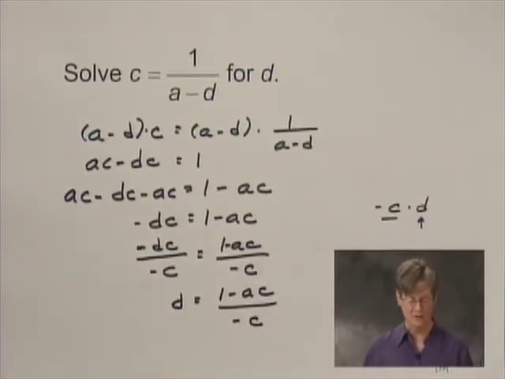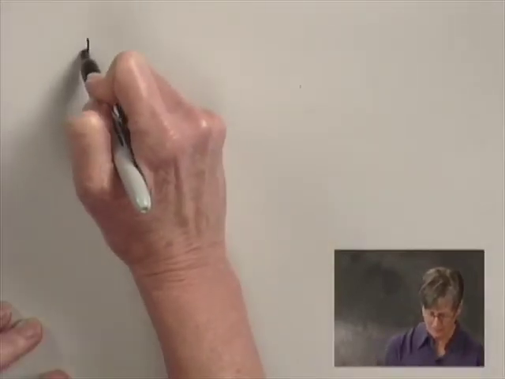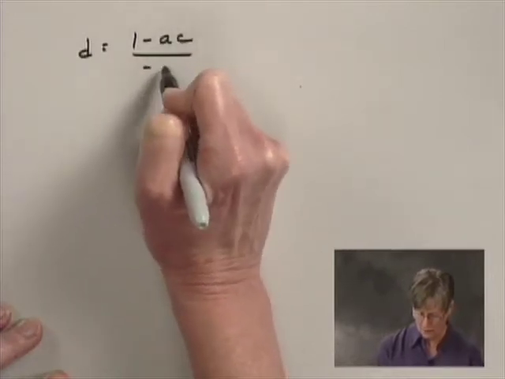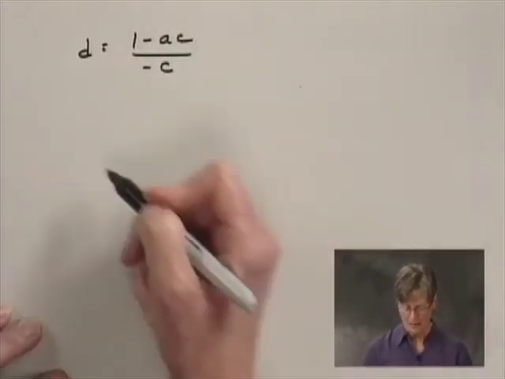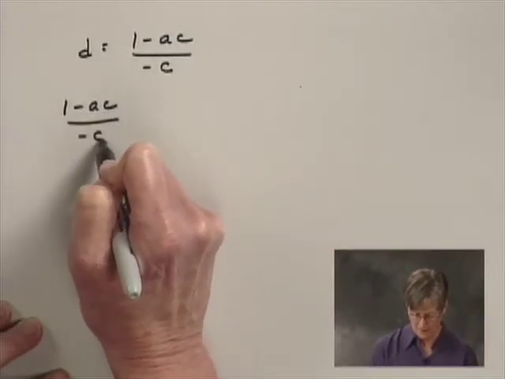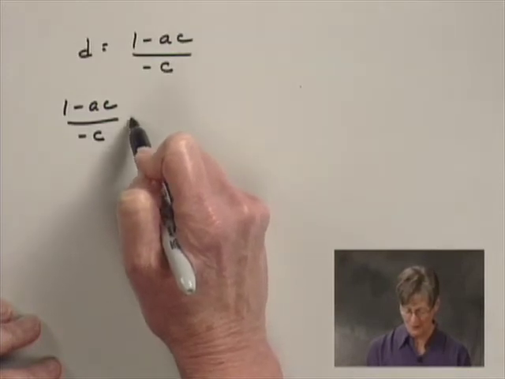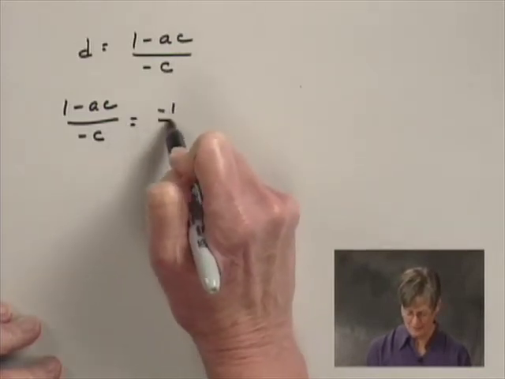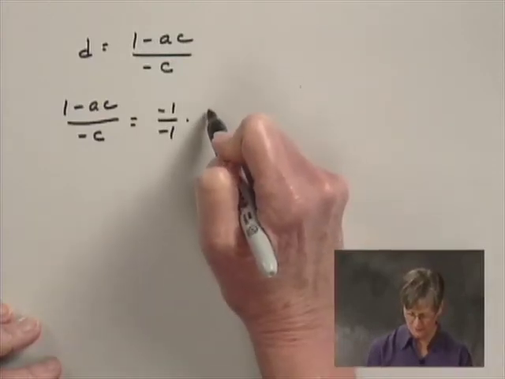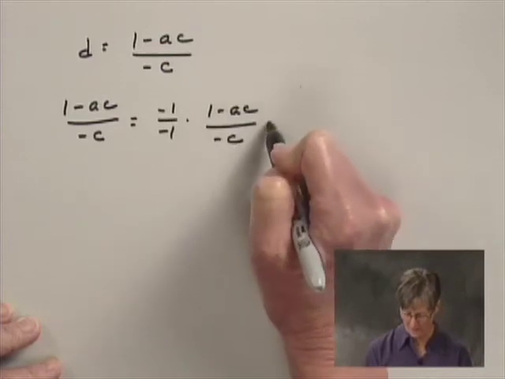Now there's another way that this can be expressed. Remember, we had d equals 1 minus ac over the opposite of c. If I look at 1 minus ac over the opposite of c and multiply numerator and denominator by negative 1, so I'm multiplying by 1 in the form of negative 1 over negative 1, I have 1 minus ac over the opposite of c.